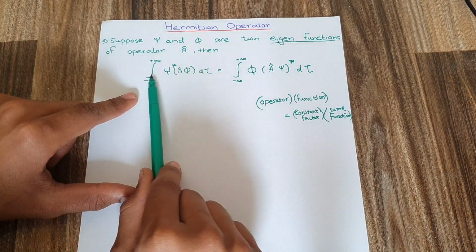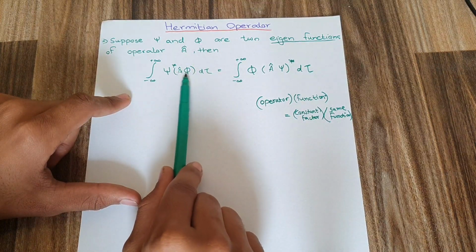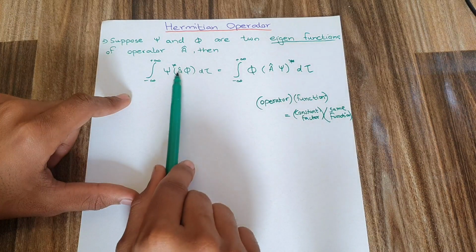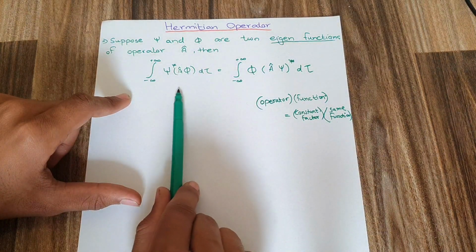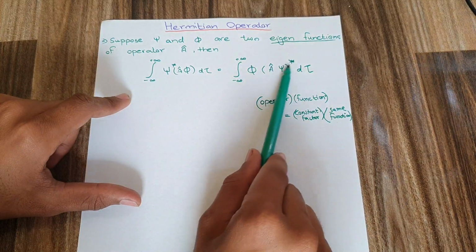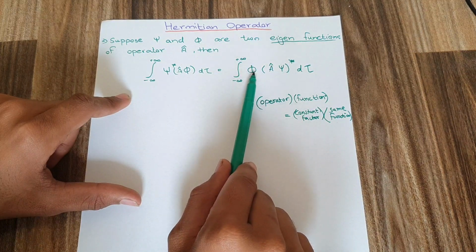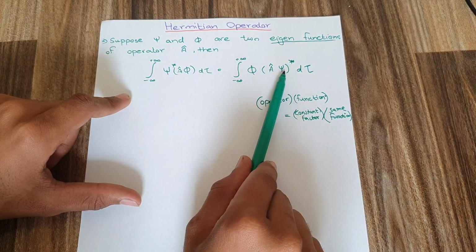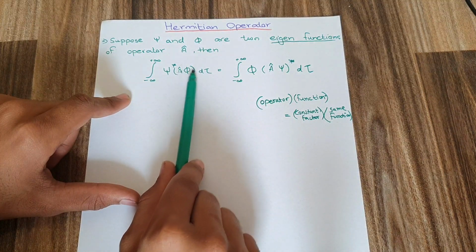The left hand side says that the operator is applied on phi, and I get an answer. This answer should equal the answer when the operator is applied on psi star instead of phi. On the right hand side the operator is applied on psi star, whereas on the left hand side it is applied on phi.